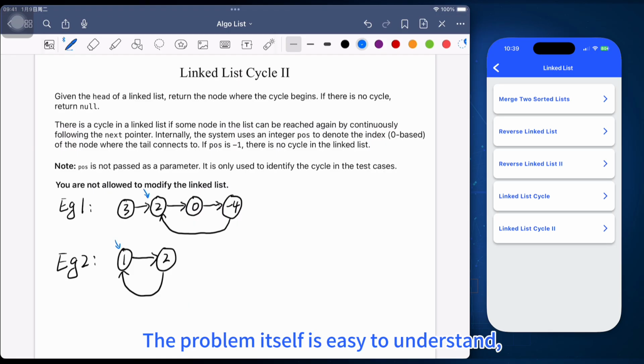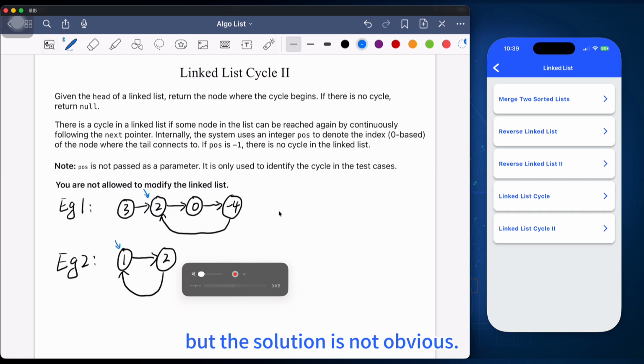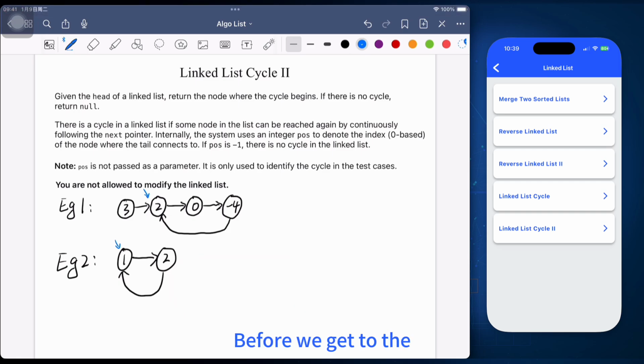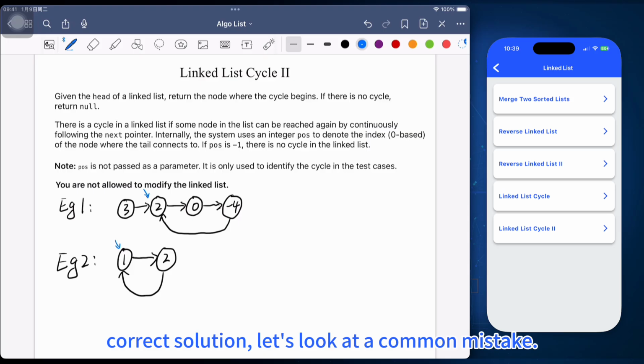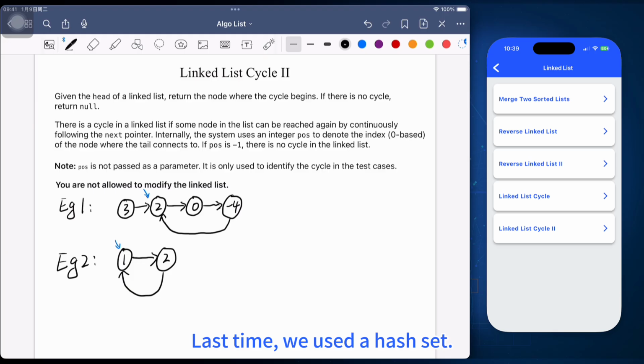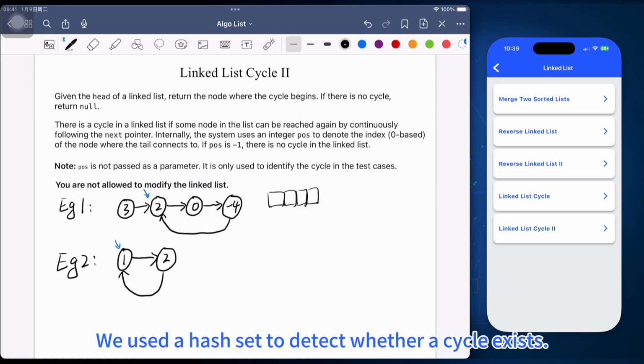The problem itself is easy to understand, but the solution is not obvious. Before we get to the correct solution, let's look at a common mistake. Last time we used a hash set. We use a hash set to detect whether a circle exists.